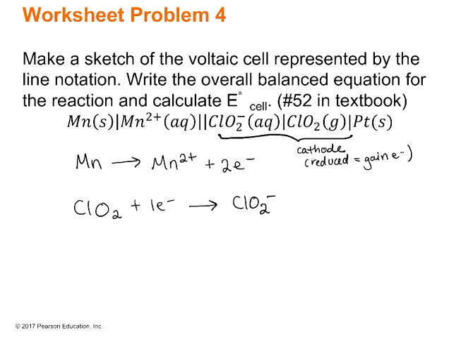Okay, so we need to make sure that this is balanced. So we need to make sure our electrons equal each other for each half reaction. So in the first half reaction, we have 2 electrons. In the second one, we have only 1. So what can we do to make sure those balance? So we're going to multiply the second reaction by 2.